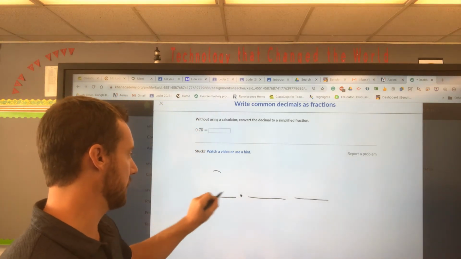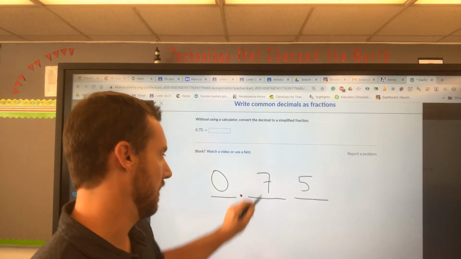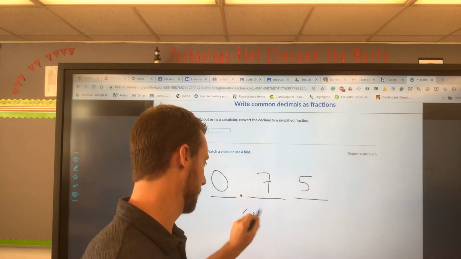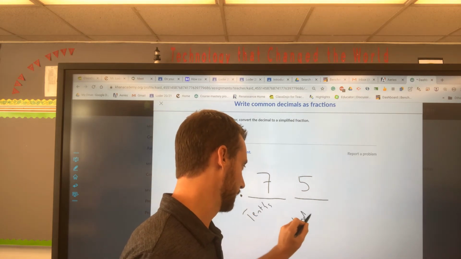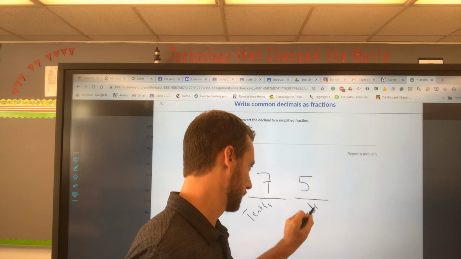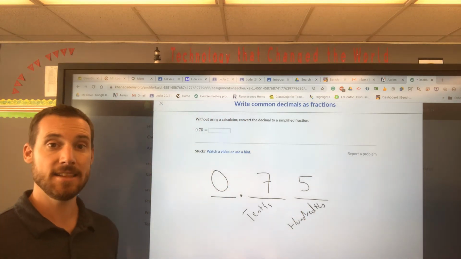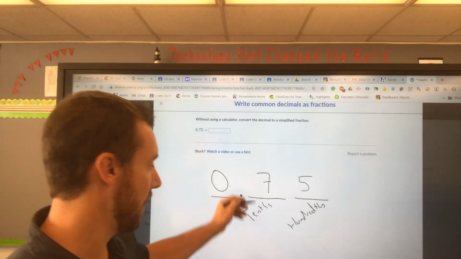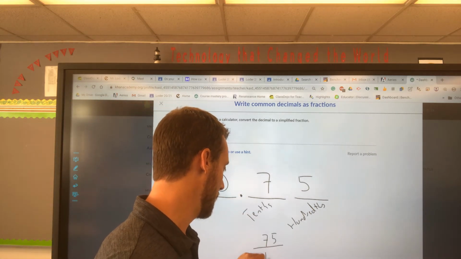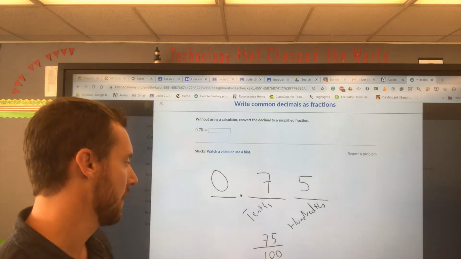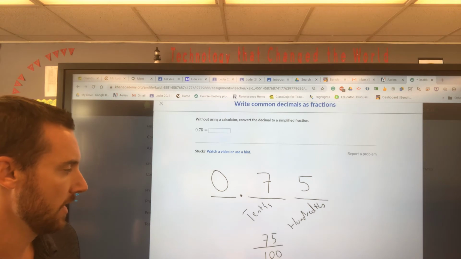We put 0, 7, 5. We know this is the tenths place, and we know this is the hundredths place. Okay, so this number ends in the hundredths place, so we're going to put the value, 75, over 100.